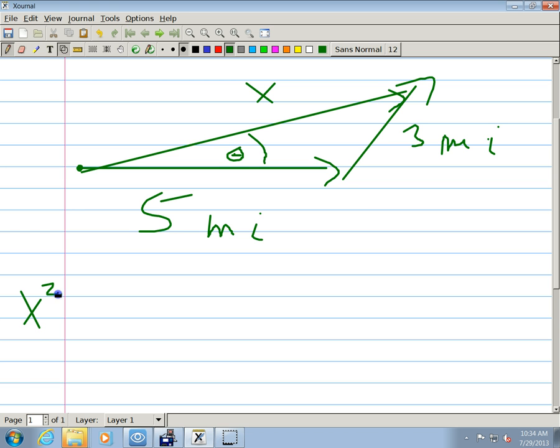X squared equals 5 squared plus 3 squared minus 2 times 5 times 3 times what? Yeah, but now remember that this side is related to this angle. Do you know this angle? I'm not talking about that angle. I'm talking about this angle. I told you that angle, didn't I?